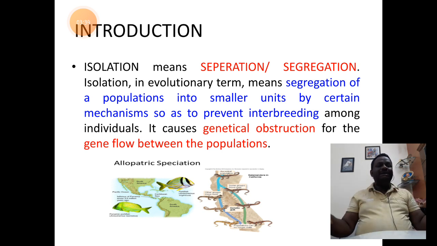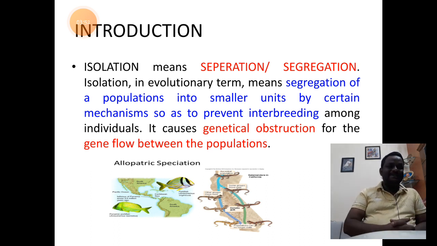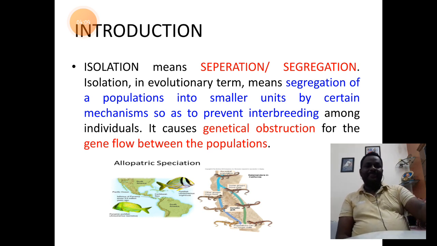So it is simply the division of a large population into smaller units, and these smaller units won't further mate. This is the importance of the term isolation. Here, there occurs genetic obstruction for the gene transfer or gene flow between the populations.